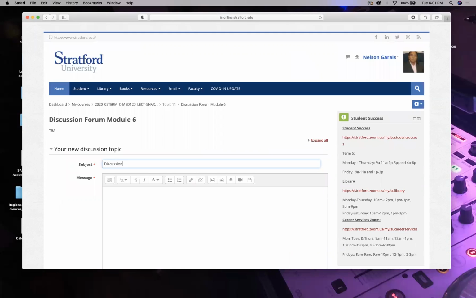Discussion number 6 is create your own 5-item multiple choice quiz based on this week's case studies, and that's renal, in the back of the urinary renal chapter.